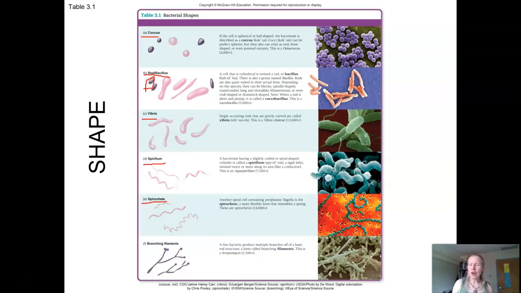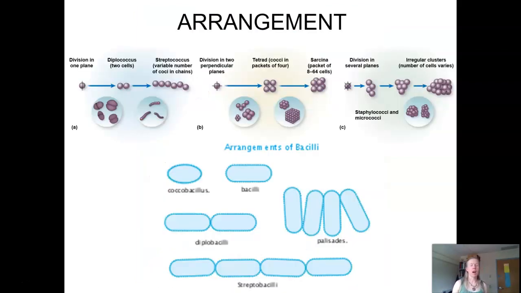So it looks an awful lot like a spirillum, but it's a little more spring-shaped. So maybe the coil is a little tighter, something like that. Branching filaments, we're not going to get into. Okay, so definitely a diversity of shapes.